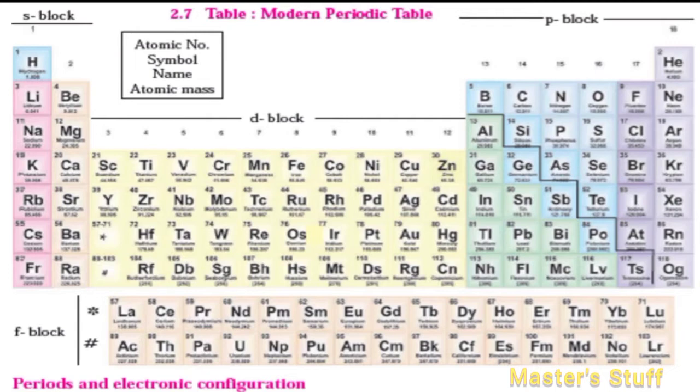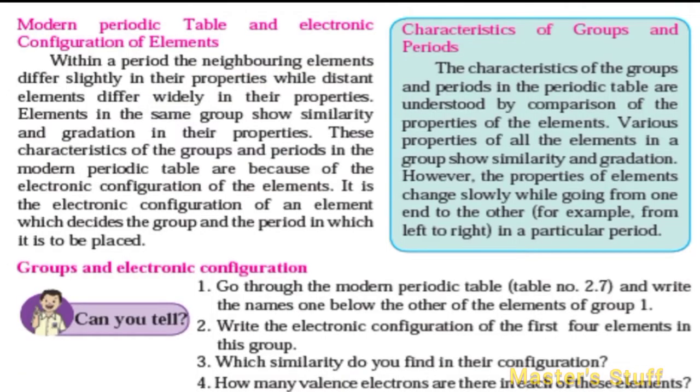When it comes to the properties of the elements within a period, the neighboring elements differ slightly in their properties, while the distant elements differ widely in their properties. The elements in the same group show similarity and gradation in their properties.